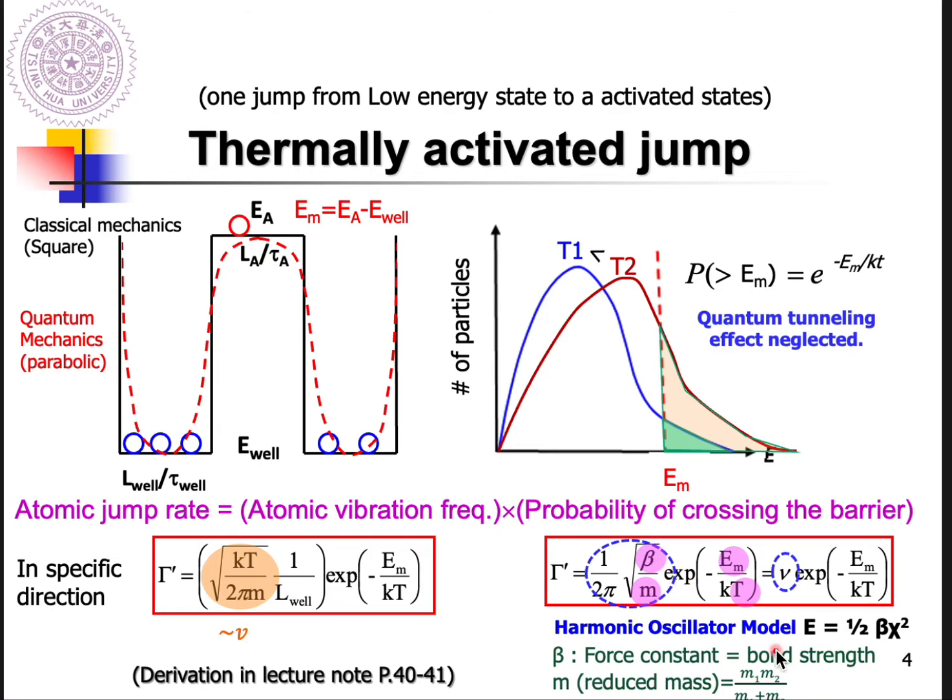Beta is bond strength, so it is correlated with what kind of crystal or material this belongs to. So the atomic interaction or bond belongs to ionic bonds, metallic bonds, or covalent bonds, and how many bonds we are talking about.